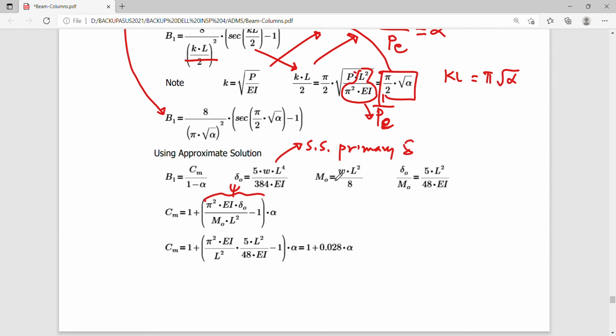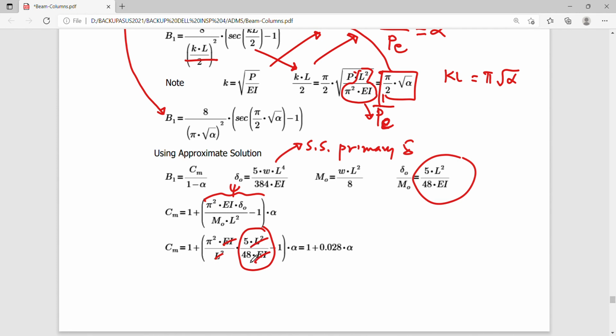We substitute delta O and MO here, or simply delta O over MO will yield this one here. So we simply insert it here. What remains here is your pi squared EI over L squared. So with simplification, you can cancel this out, you can cancel this. What remains are actually real values.